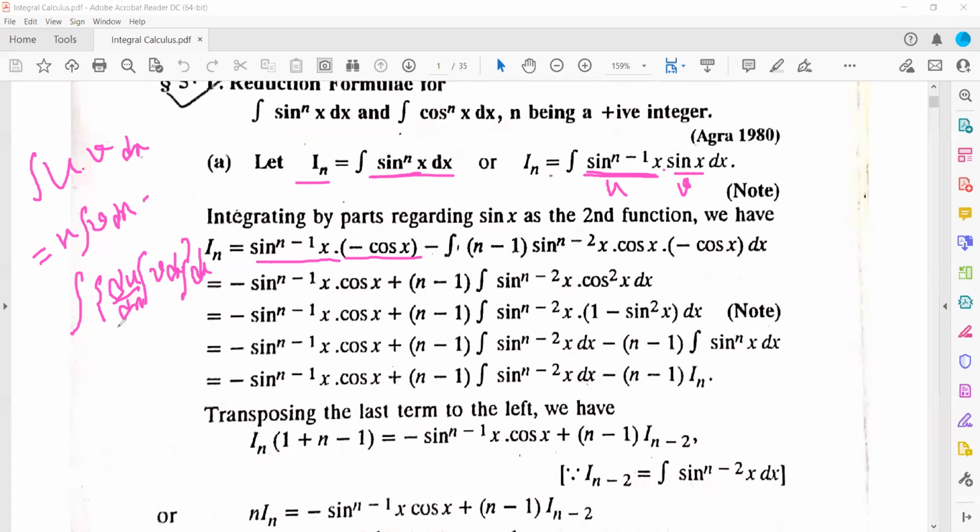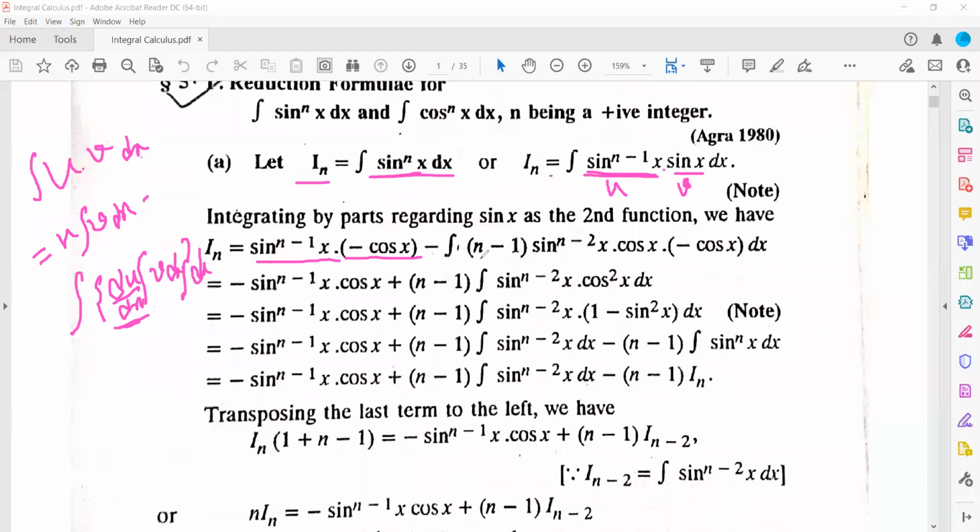Next, you need to differentiate u, that means the first function, which is sin to the power n minus 1 x. What is its differentiation? Using the power formula, it is n minus 1 into sin to the power n minus 1 minus 1, that means n minus 2 x.